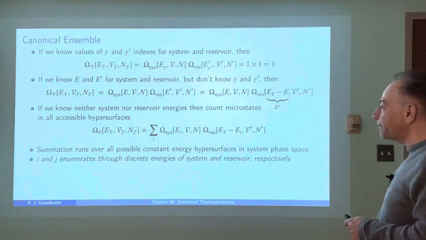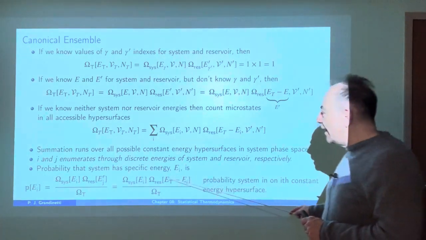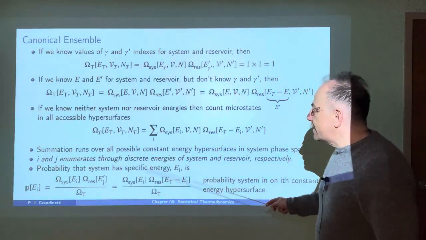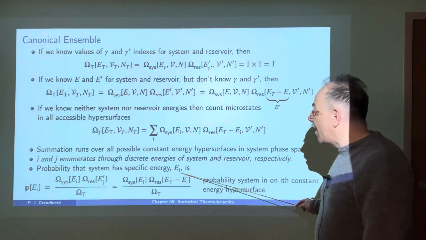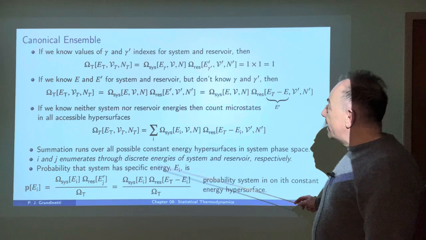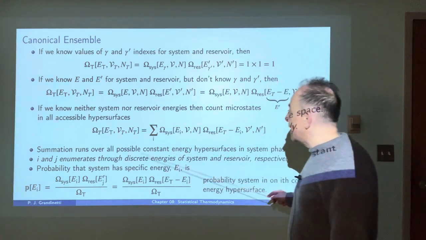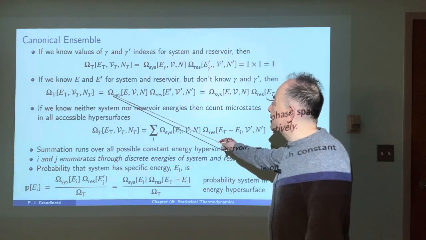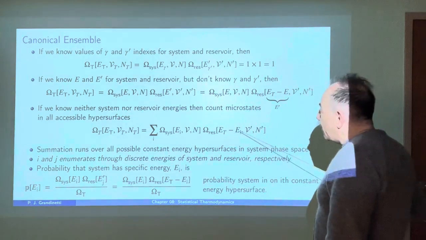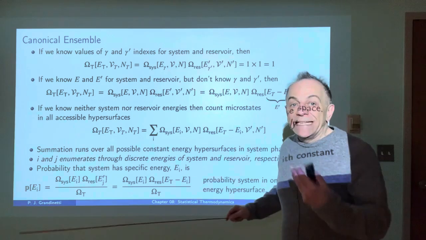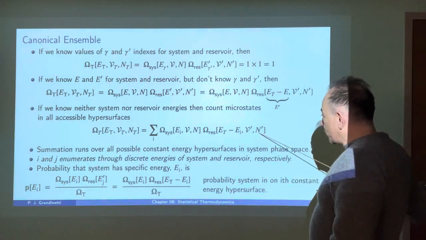All right. Now, the probability that the system has a very specific energy, we'll call this E sub i, would be the number of states associated with the system having a specific energy, which would be this here, divided by the number of states where we didn't know what the energy was, which would be this here.